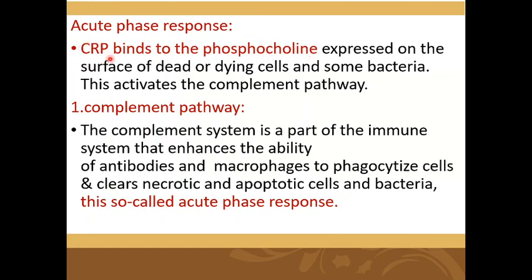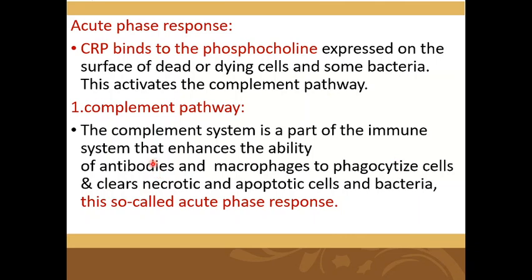When this CRP binds the phosphocholine, then it activates the complement pathway. So when this complement system is activated, then the ability of the antibodies and macrophages to phagocytize the cell, उन cells को हड़प करना, उनको clear करना, it is increased.